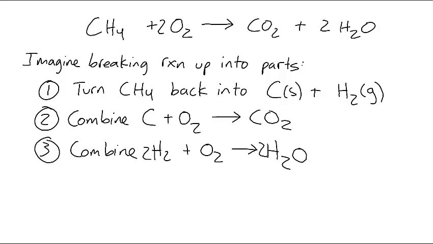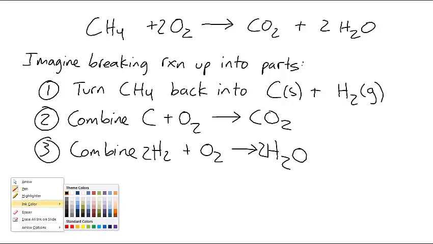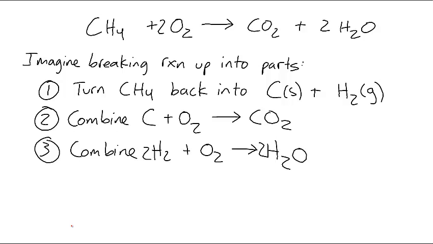In the heat of formation values, we now have values to go with each of these steps. This first step, the delta H, would be the opposite of the heat of formation of CH4. Does that make sense? So the heat of formation for CH4 would be the enthalpy change for taking carbon and H2 and combining them to make CH4.